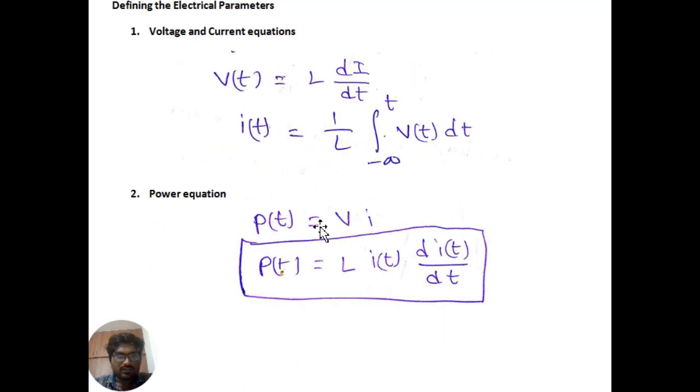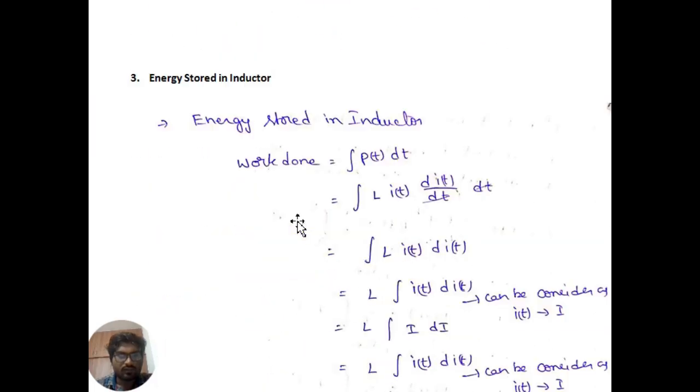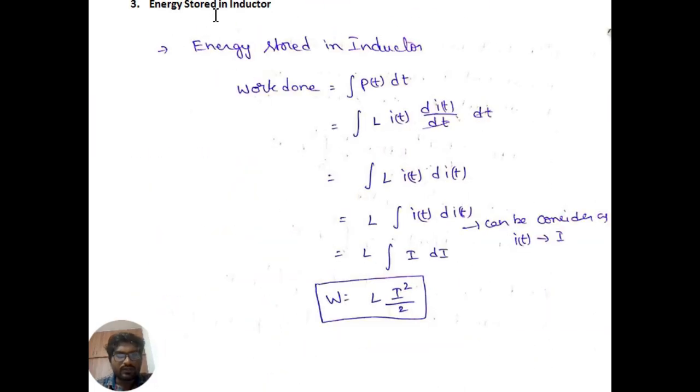The power equation is P is equal to VI. If we place it here, the equation can be written like this. And if you want to calculate the energy stored in an inductor, energy can be represented as power into time. As it is continuous, we can integrate it.